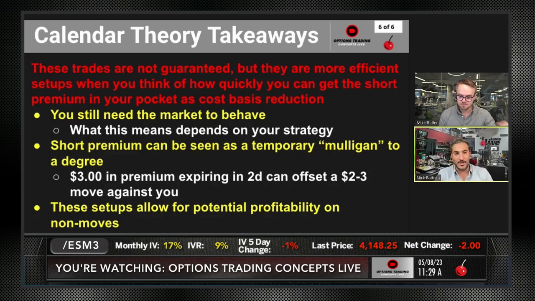So there's always going to be a trade-off. You're always going to have to give up that tail in exchange for that mulligan if you're wrong. But you have to keep in mind that the tail events are much more rare. And for the 90% of the time, you'd probably be better off just having the short on.